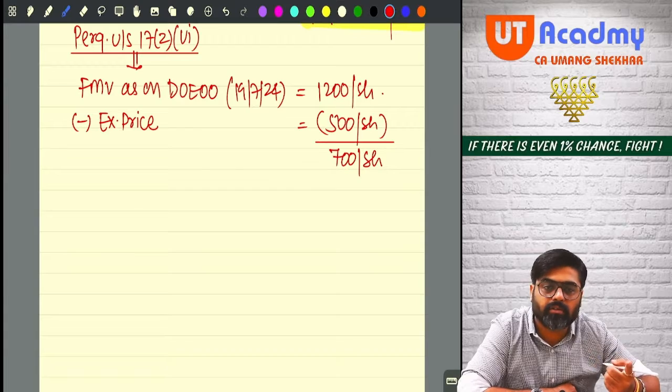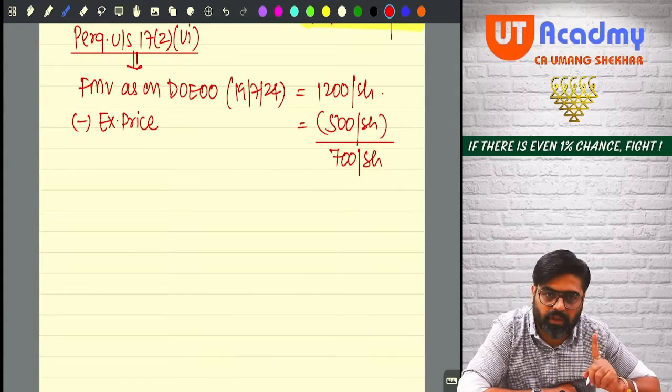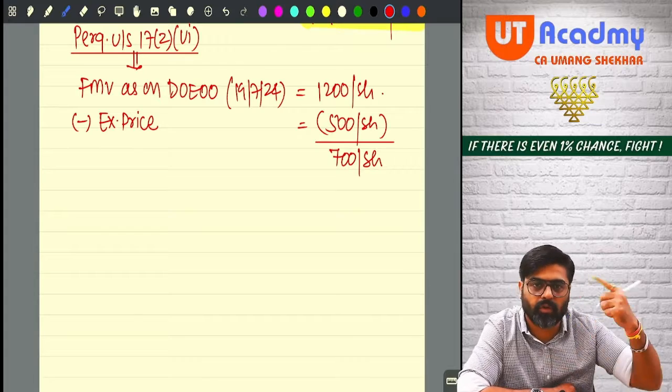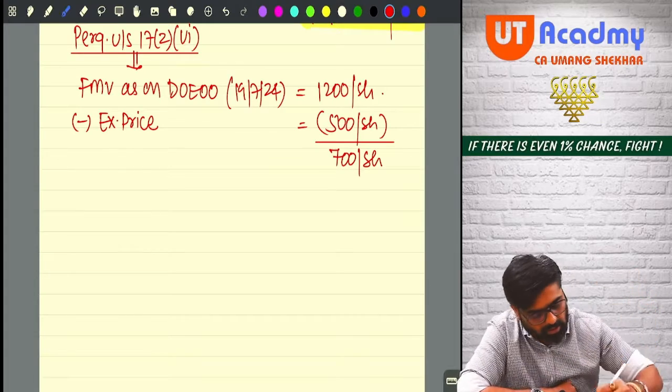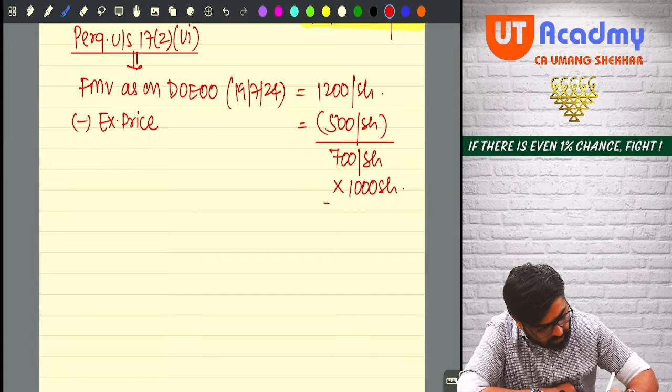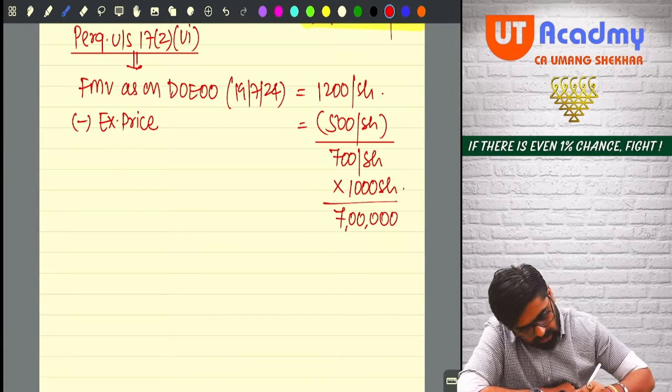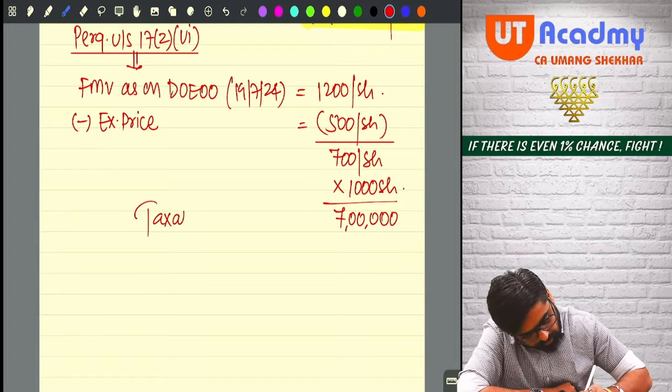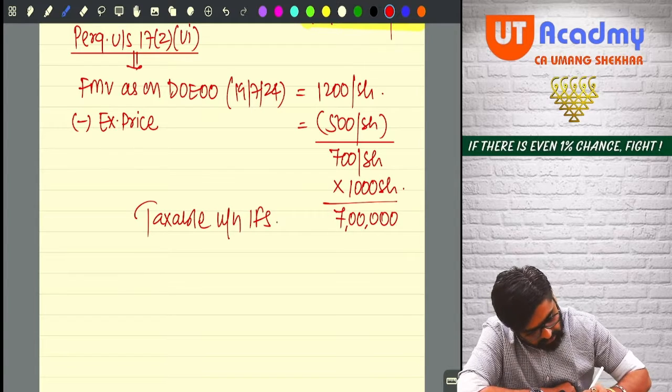So how many shares like this are you going to buy? 1000 shares. Option was given for 1000 shares. You exercised the option for all the 1000 shares. So multiplied by 1000 shares, you will get a benefit of rupees 7 lakhs, and this will be taxable under the head income from salary, and it will be taxable in the previous year 24-25 itself.